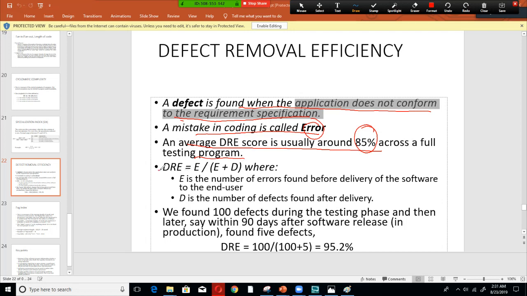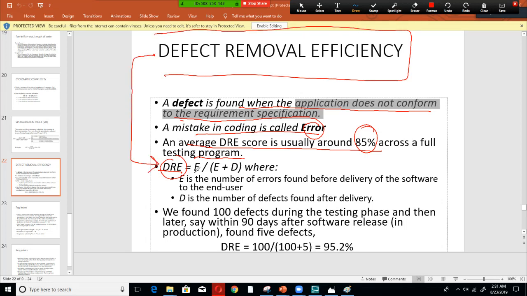So to find the defect removal efficiency, which is the short form of DRE, you are given the defects and you are given the errors. So here the errors are 100, which is E, and after the release 5 defects are found. So D is 5.